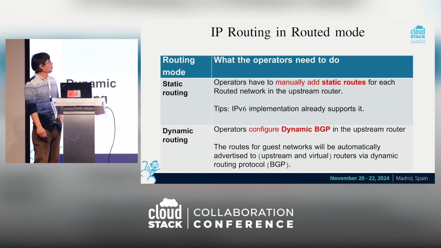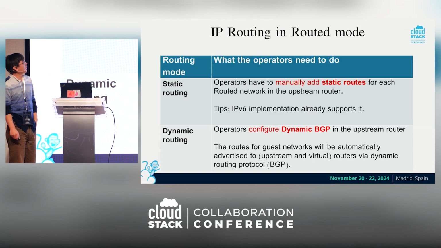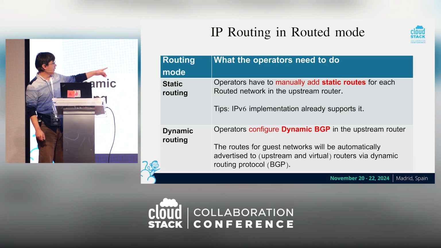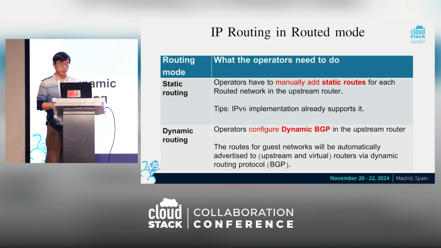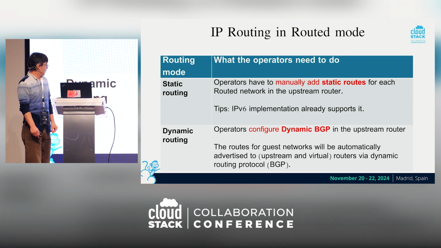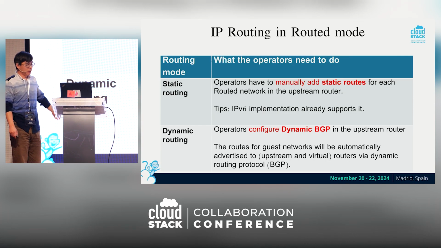We have two routing modes for routed networks and routed VPC. The first one is static routing, which is what we currently use for IPv6. The operators have to manually add static routes for each network and each VPC in the upstream router. The other one is dynamic routing.